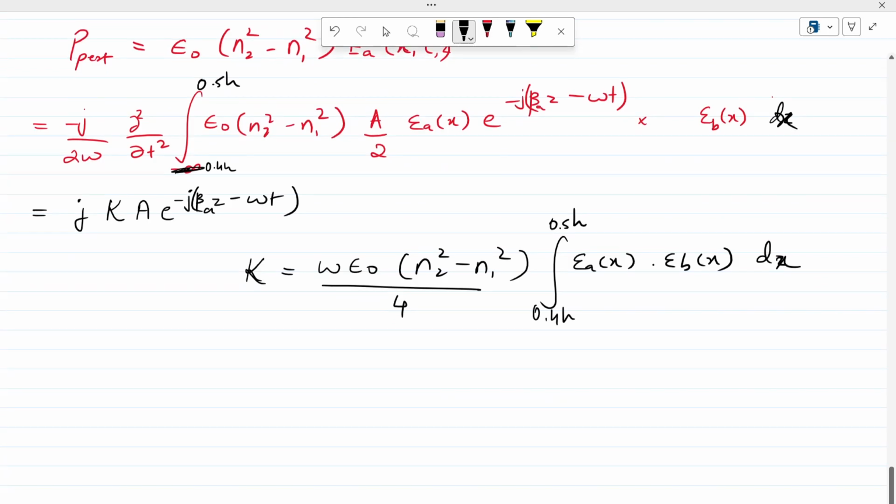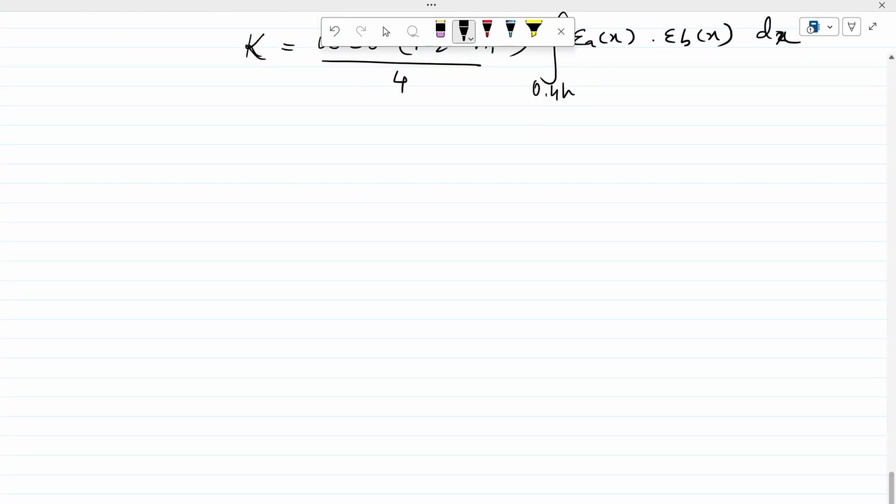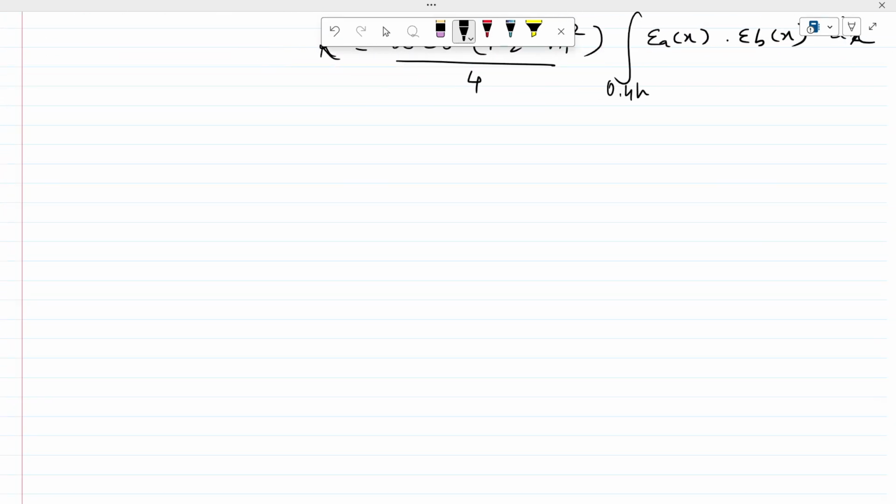So now my entire equation becomes: on my LHS I had minus dou B plus upon dou z e power minus j beta B z minus omega t. Bear with me, I'll just write it down.